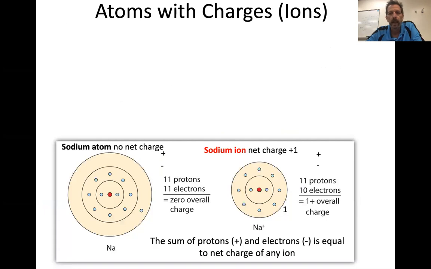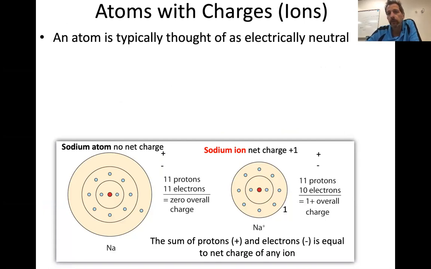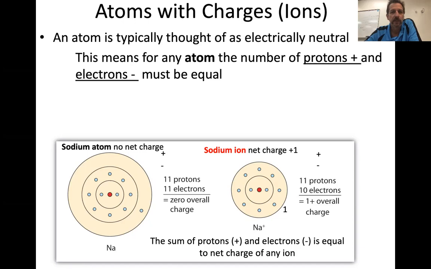Now, one thing that can happen, and this is the last point in today's lesson, is that sometimes atoms will look to become more stable, and they can do that a number of ways. One way would be to either gain electrons or lose electrons, and that's a behavior that some atoms undergo. So an atom's typically thought to be electrically neutral, and this means that for any atom, the protons and electrons are always the same when we speak about atoms.